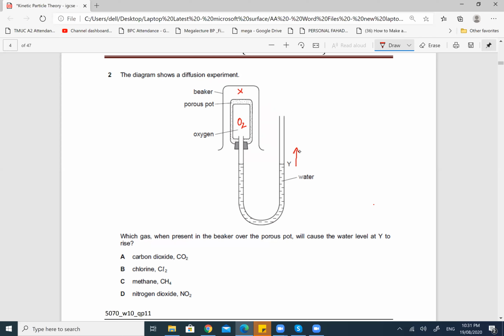So how do you figure this out? It's C, CH4 for methane, because that has to be lighter, which means it'll diffuse in quicker.